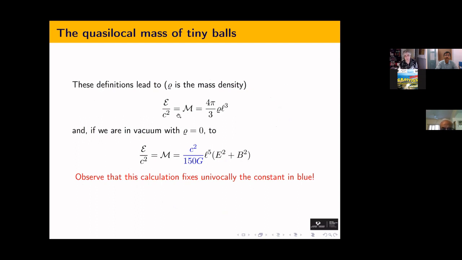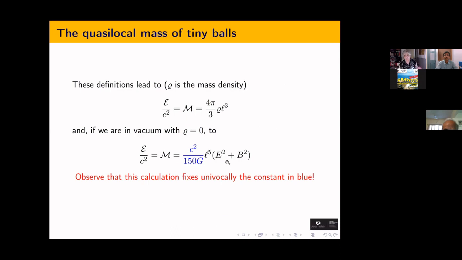At first order, for the energy over c², or the mass, you get what we all want to get, 4π/3 rho radius to the cube. And if we are in vacuum, so matter density equals 0, then what we get for the mass, or the energy over c², is this thing here.